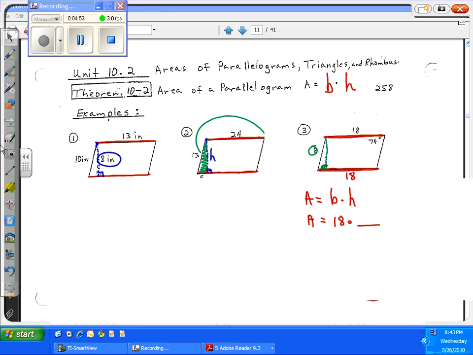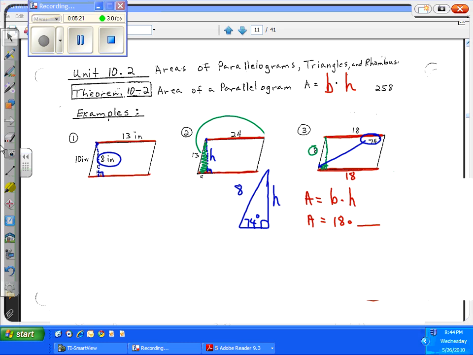But we do know that this is a parallelogram, and opposite angles are equal, so that angle's 74. Now I'm going to extract that triangle. So we have that this is 8. We're looking for the height, and this angle is 74 degrees because opposite angles of a parallelogram are equal.